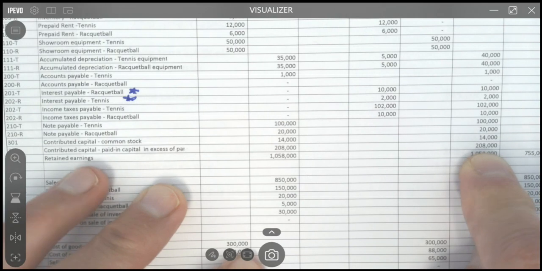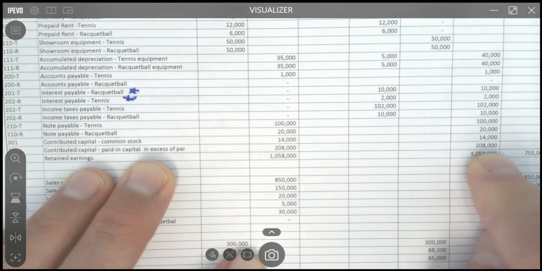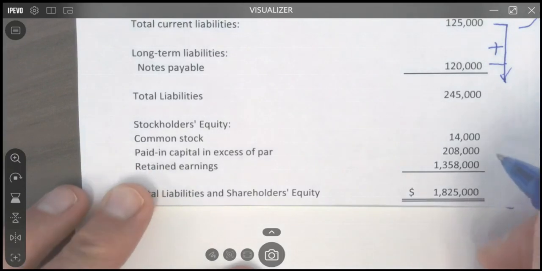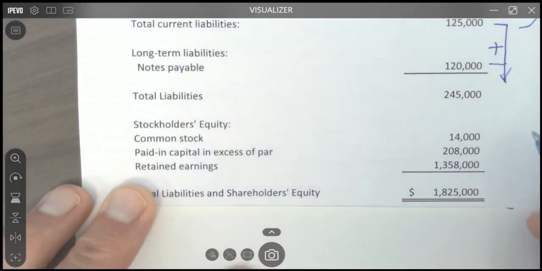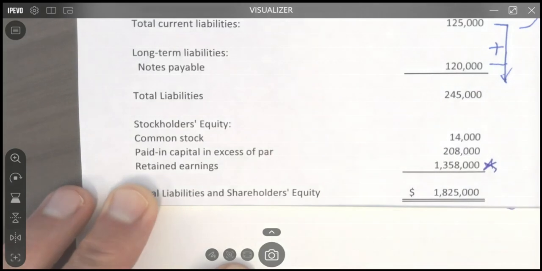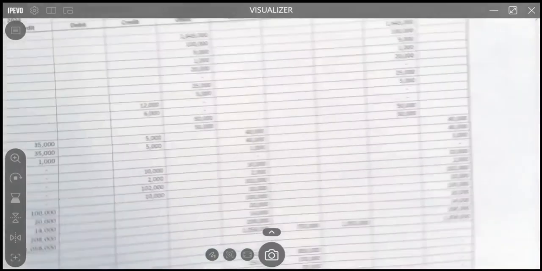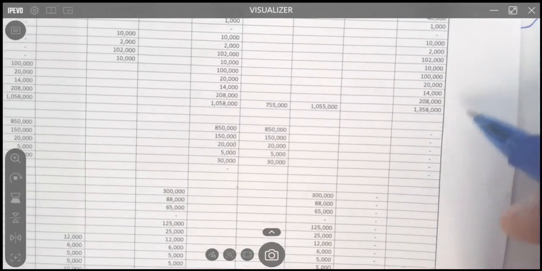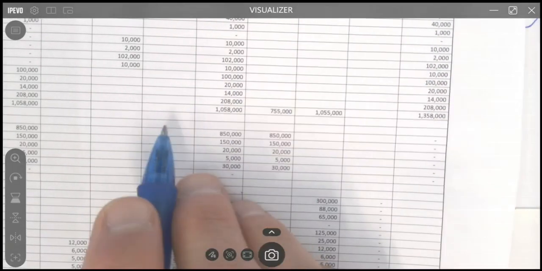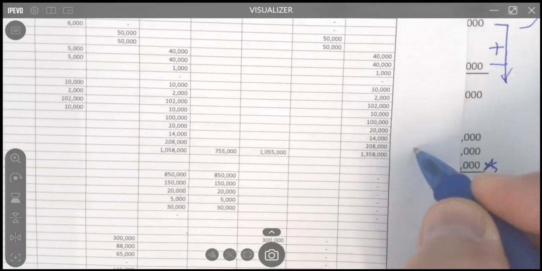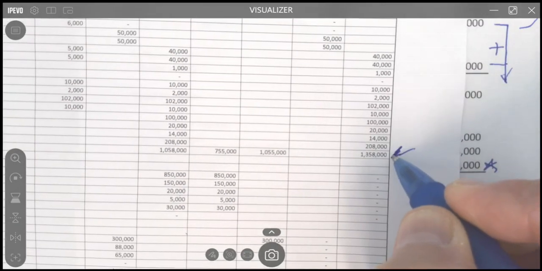And the paid-in capital in excess of par of 208,000. And retained earnings is up to 1.385 million at the end of the year. I had to close our income this period into retained earnings, and so it is at 1.358 million.